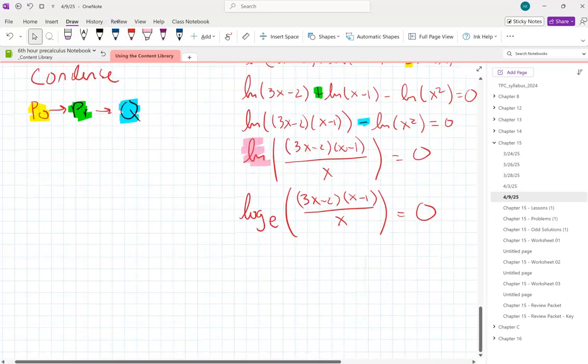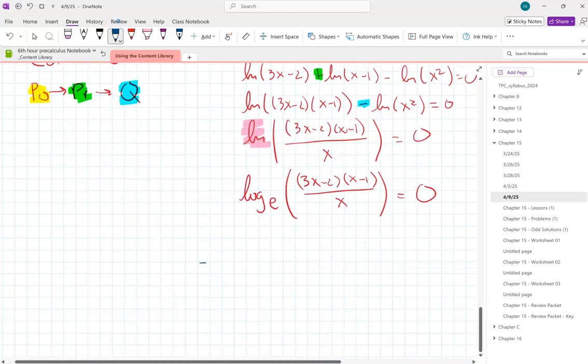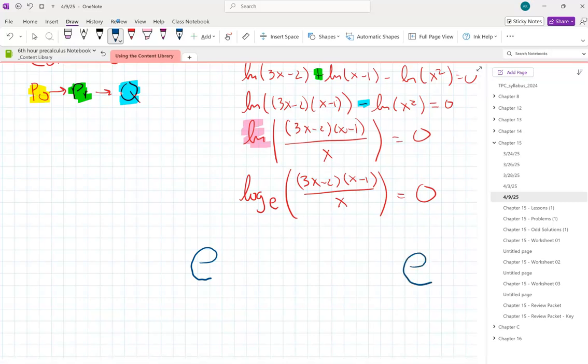So what exponent base are we going to do to both sides? We're going to do e. And exponent base e cancels log base e.